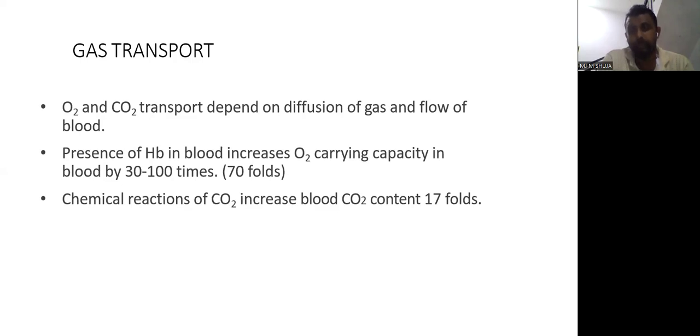Carbon dioxide reacts with water and forms bicarbonate, and so on. Carbon dioxide sometimes also binds with hemoglobin and forms carboxyhemoglobin. Those reactions increase blood carbon dioxide content by 17 fold.